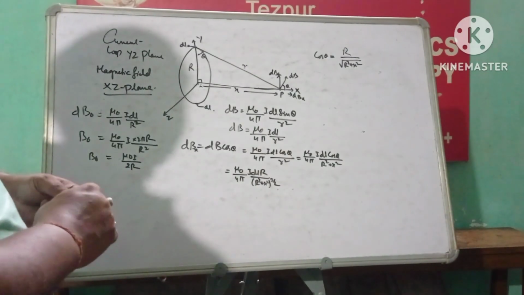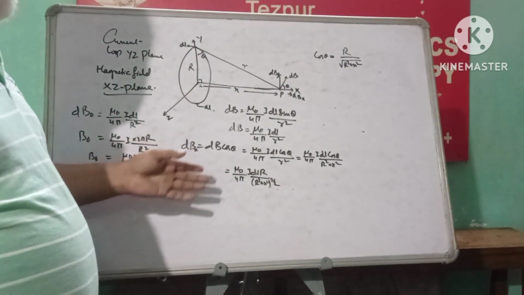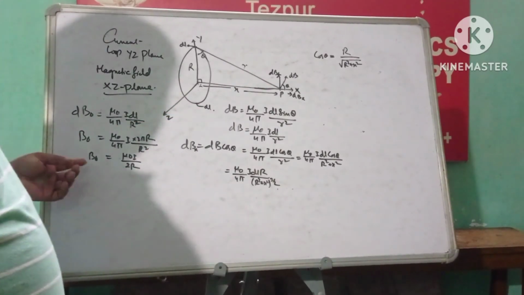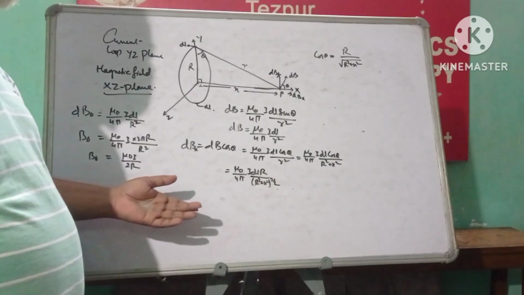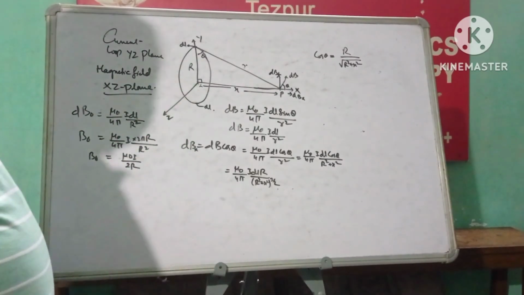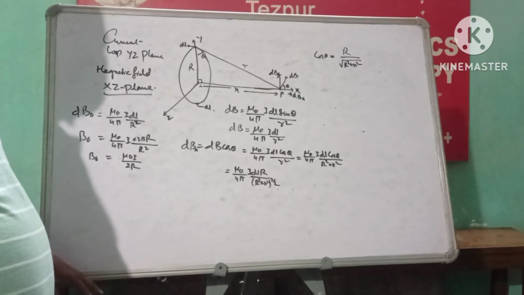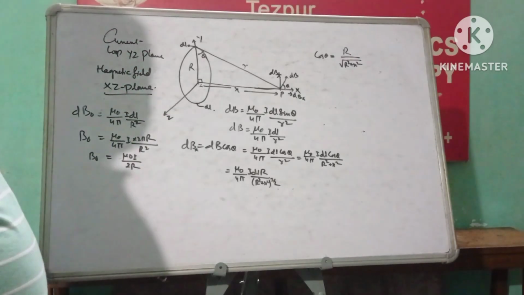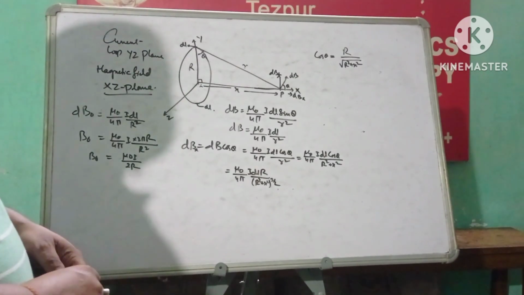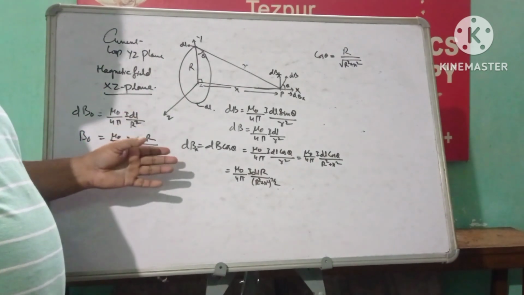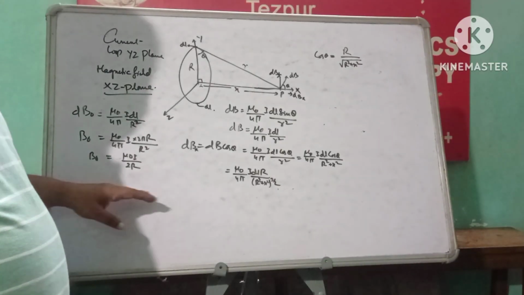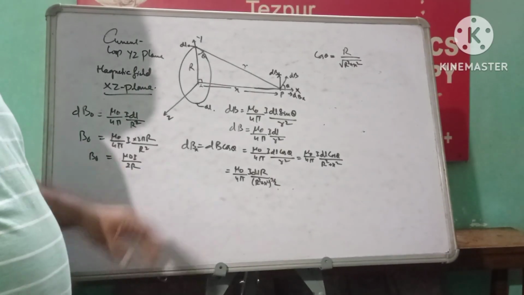This is how you can derive the magnetic field at P or at the center. So this is how the derivations are done. The main thing is that your figure must be clear and your formulas must be clear. Then you can easily derive whichever you want.